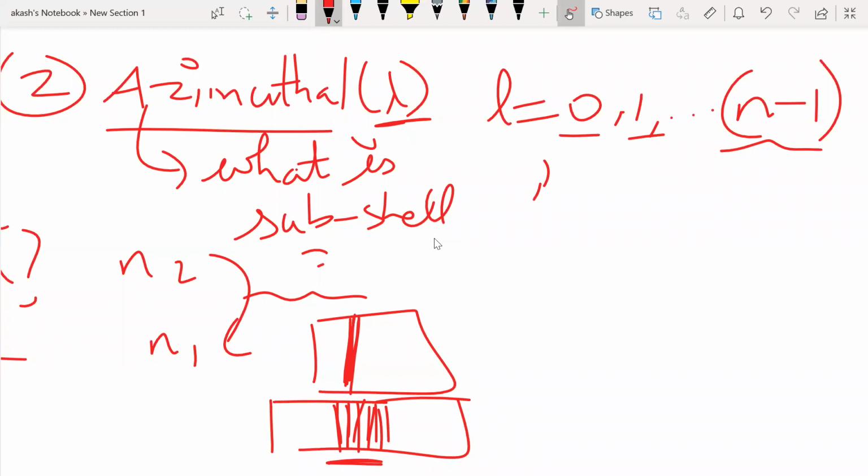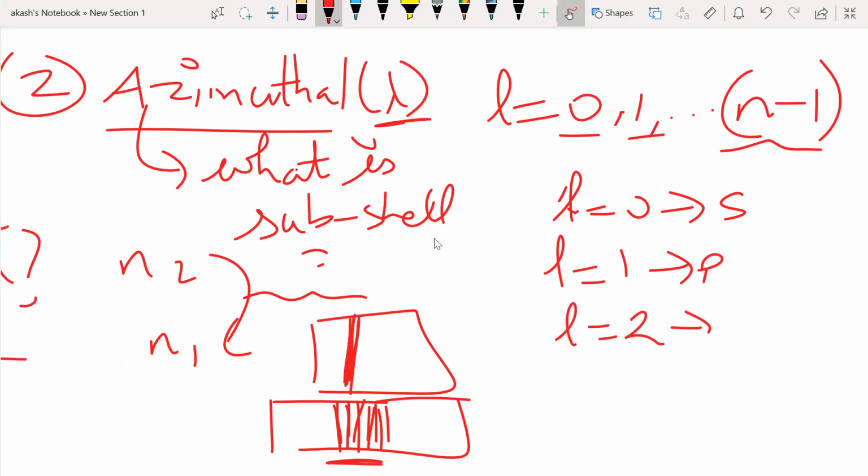Please remember, when L is equal to 0, this corresponds to the S subshell. When L is equal to 1, that corresponds to the P subshell.